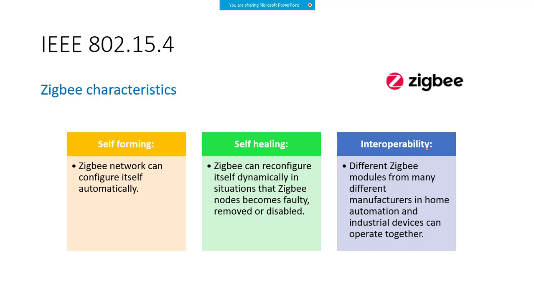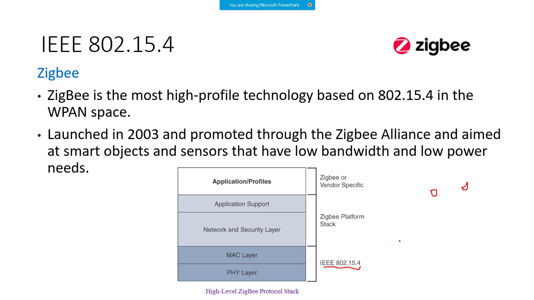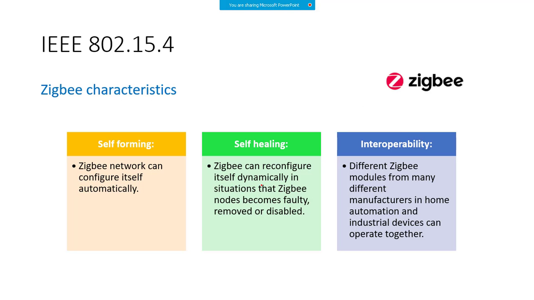It provides interoperability. I already said different Zigbee modules from many different manufacturers in home automation and industrial devices can operate together, provided that according to that stack they have the same profile. They must be supporting that profile. So these are self-forming, self-healing, and interoperability.